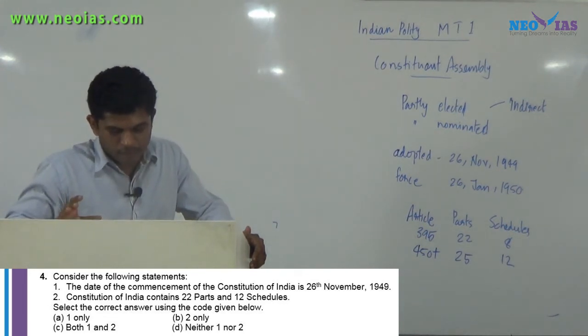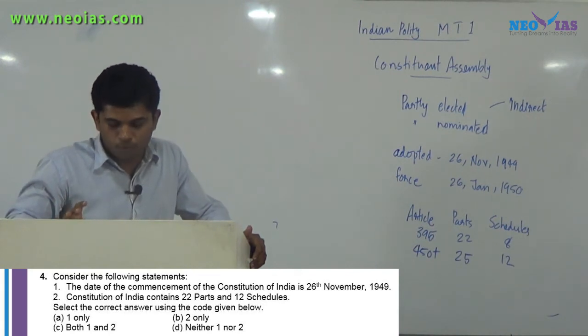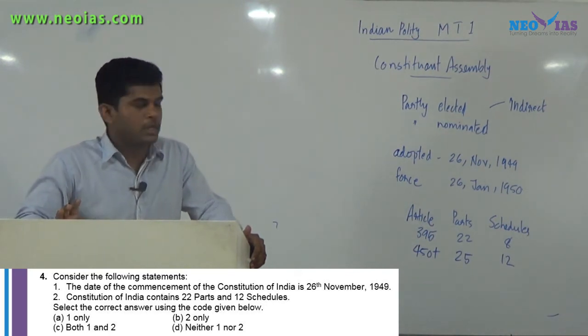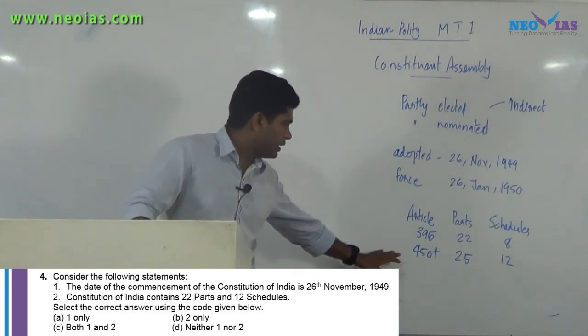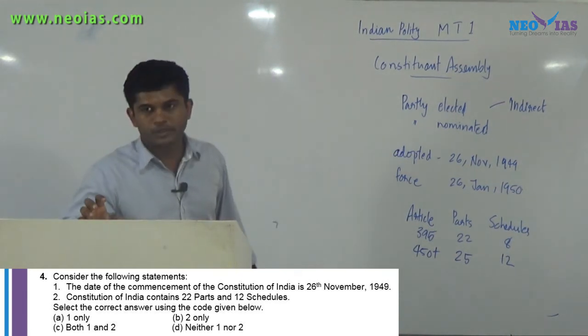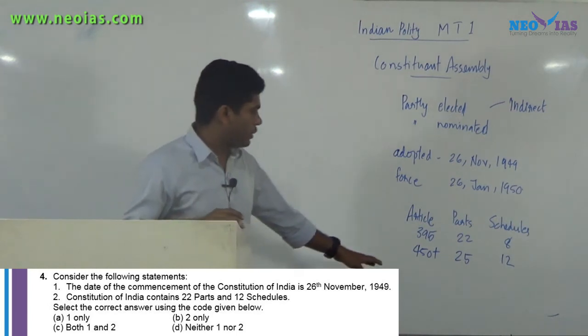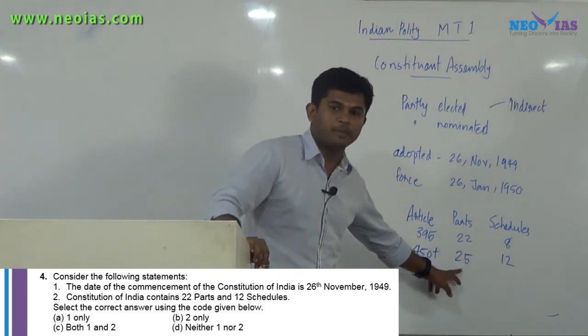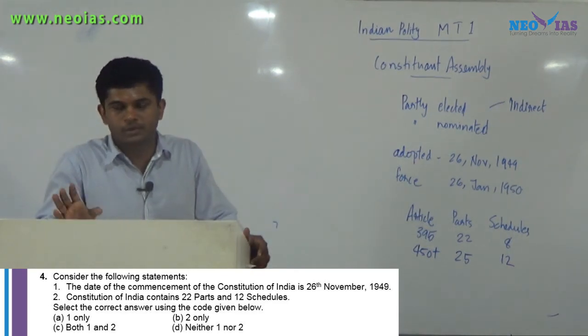The second statement: the Constitution of India is divided into 22 parts and 12 schedules. That statement is also wrong if we take it from either angle. The statement talks about the present situation, and as of now there are not 22 parts but 25 parts and 12 schedules. From that point, the statement is wrong.